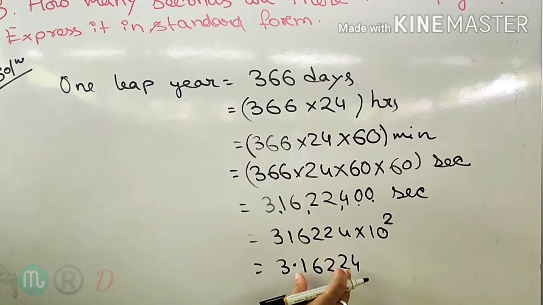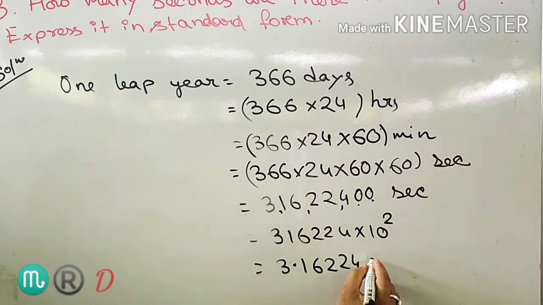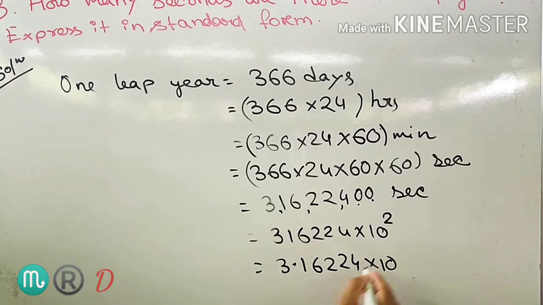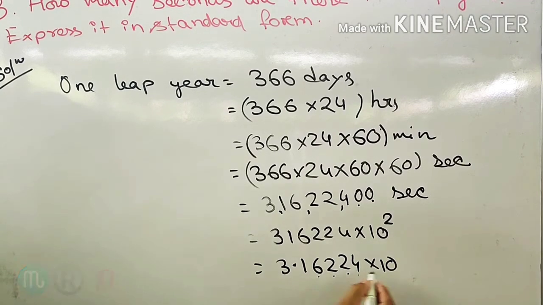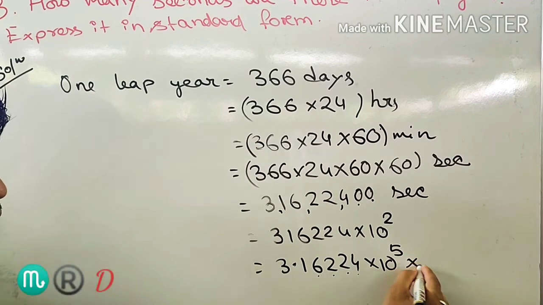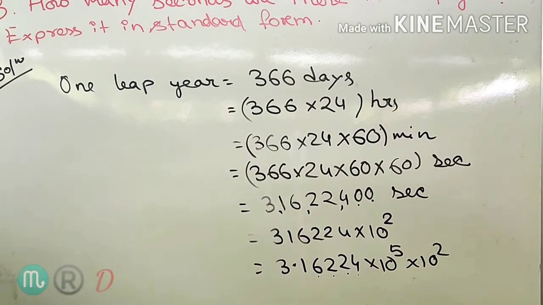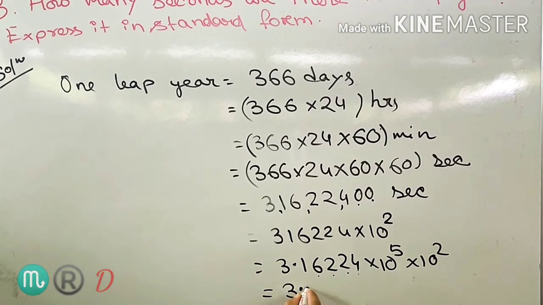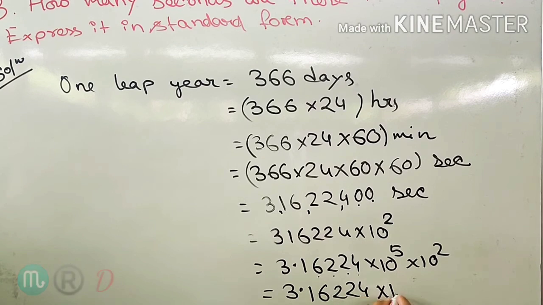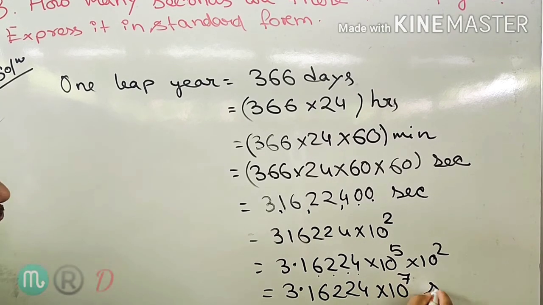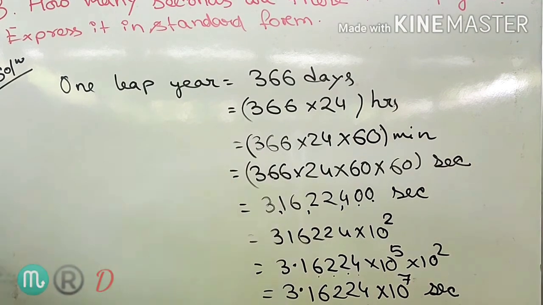Now you should make this value equal to the original value, so you have to multiply 10 to the power 1, 2, 3, 4, 5, 10 to the power 5. Now already 10 to the power 2 is there, so into 10 to the power 2. So your required answer will be 3.16224 into 10 to the power 7, which is in the standard form.